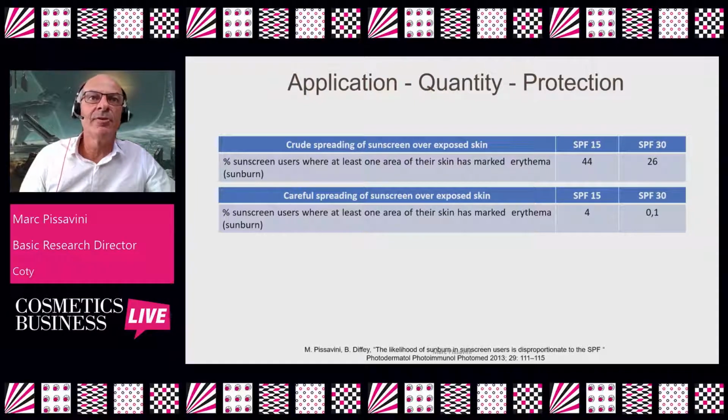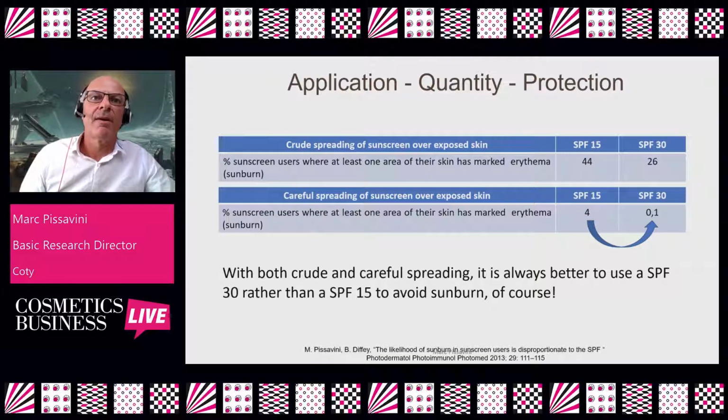If this time you spread your product carefully, with an SPF 15 you have only 4%, and 0.1% with an SPF 30. What is the conclusion of that? Of course, with both crude and careful spreading, it's always better to use an SPF 30 than SPF 15 to avoid sunburn. Of course, it's quite obvious.